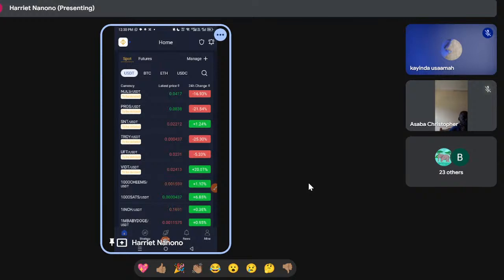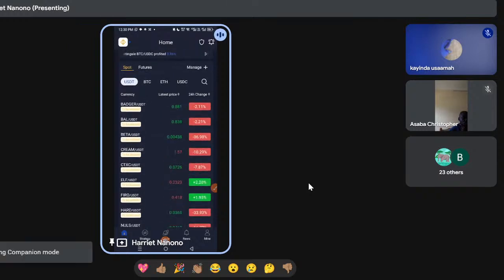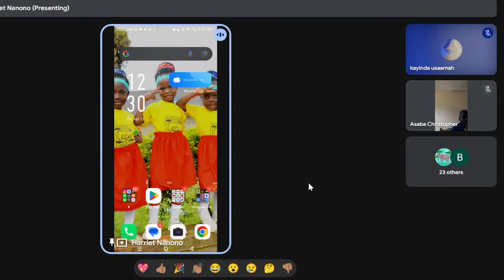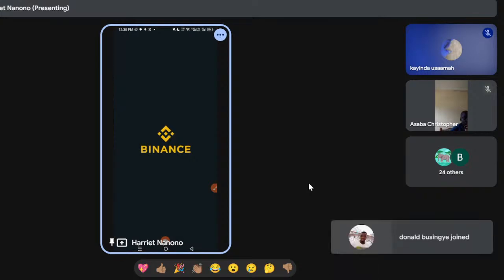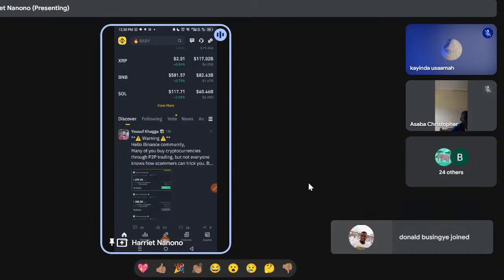Okay? You cannot enter a trade which is saying it is to be delisted. Royal Q brought it. And now even Binance, before it delists, they always first inform us. They don't just wake up and say we are delisting a coin just like that.